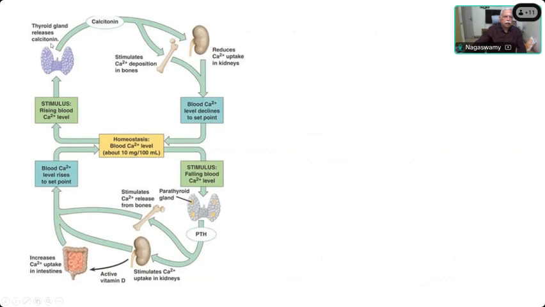The thyroid gland releases calcitonin, which is the anti-calcium hormone, which makes it get reduced from the plasma. So it stimulates calcium deposition in the bone, and then blood calcium levels decline to the set point. So if there is an increase in the plasma calcium level, calcitonin is the regulator.